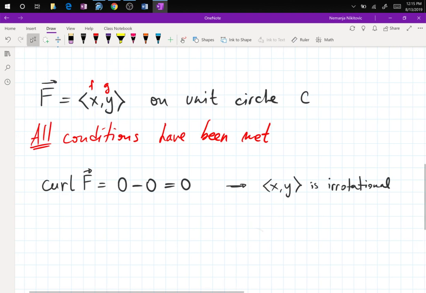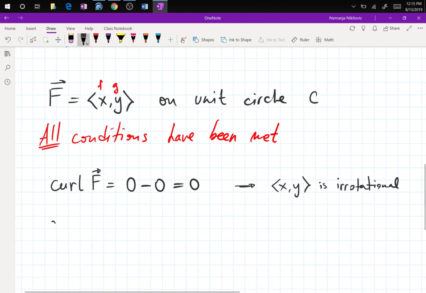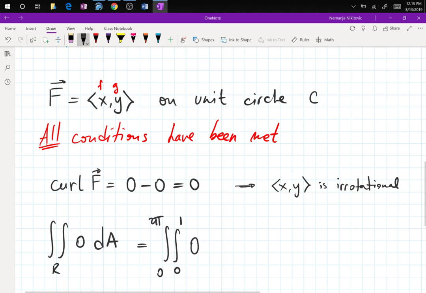So now, when you set up your double integral over region R, which is the circle, you will be integrating 0 dA. And that's going to give you 0, obviously. Now, since you're integrating over a circle, you want to be in polar coordinates, so 0 to 1 and 0 to 2 pi, and you are integrating 0 times r dr d theta, and that, without going through all the hoops, is going to be 0 because you're integrating 0.